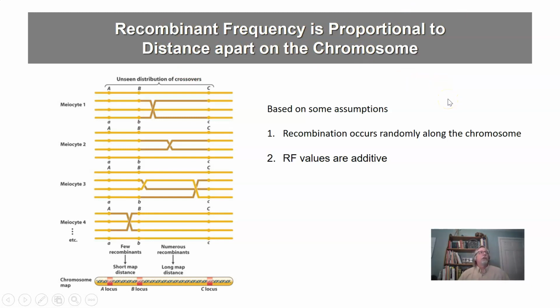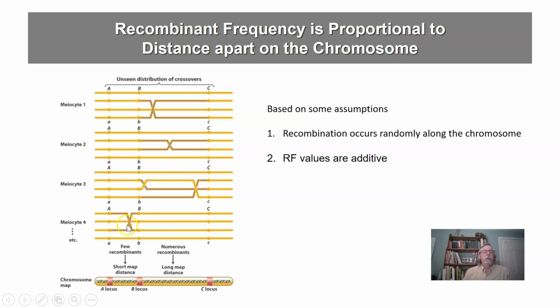A high recombinant frequency indicates that genes are far apart on the chromosome. A low recombinant frequency indicates that genes are close together. And we're assuming that far apart means there's more opportunity for crossover to occur. So that would produce a higher recombinant frequency.